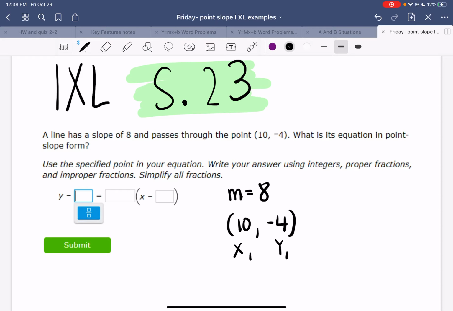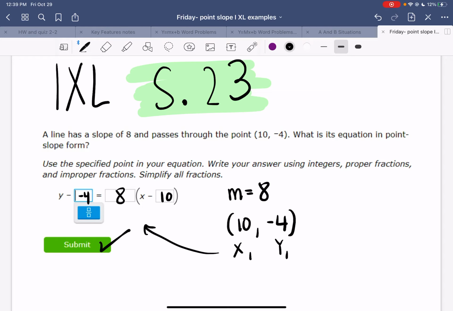And we're going to place them into the form of the equation. So y1 is negative 4, so we would put a negative 4 there. x1 is 10, so I would put a 10 there. And then our slope is 8, and I would put that there, and then you would push submit, and it would say, awesome job. So on this one, we're just taking what's given and then substituting them into the equation.